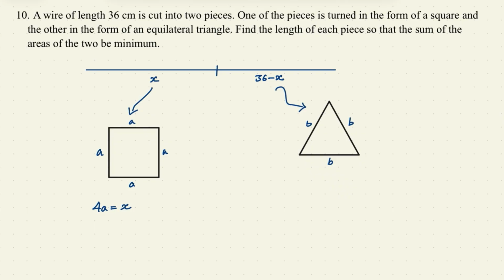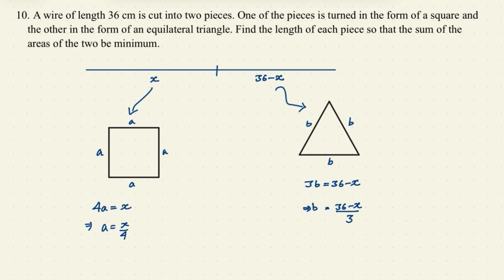So here the perimeter of the triangle is B + B + B, that is 3B, which should be equal to 36 − x. So from here we got the value of A as x/4 and the value of B as (36 − x)/3. Now the question is saying to minimize the area of these two.